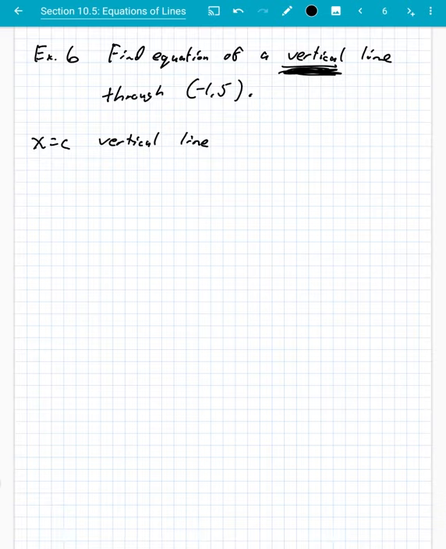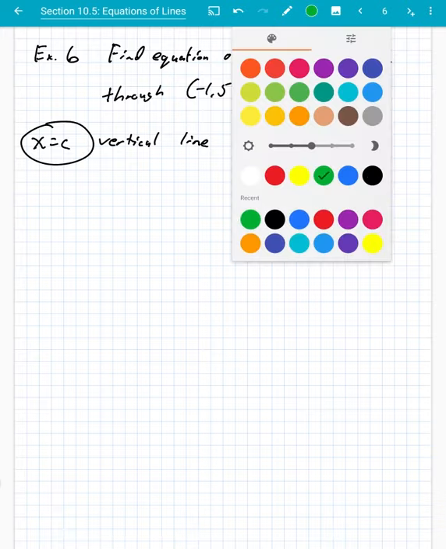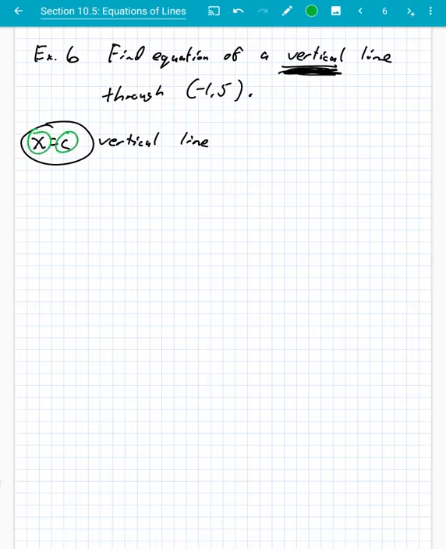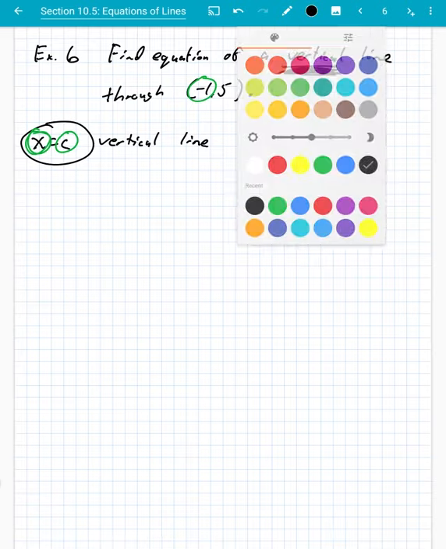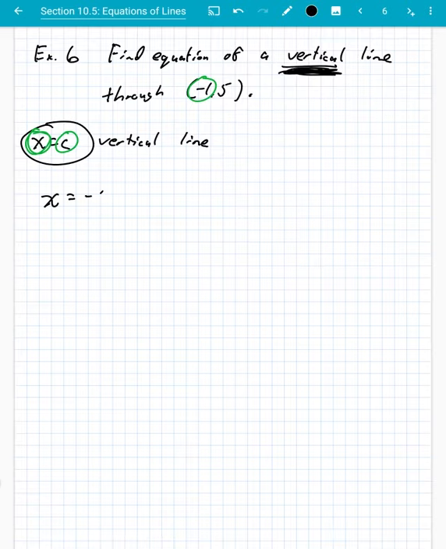So x equals c would be the vertical line. In order to find this equation, all we have to do is look for the x coordinate that goes right there for the c. So our x coordinate is negative 1. That then means our equation is x equals negative 1. That's your equation of a vertical line.